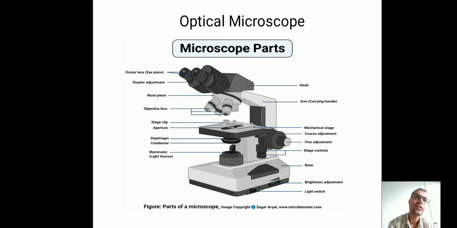Then once our sample gets prepared, what do we have to do? We have to take a sample and put it on this mechanical stage. See here, at the middle the mechanical stage is there. Once we put the sample on the mechanical stage, from the bottom side the illuminator or light supply is there. So from the bottom side light strikes our sample, and its image gets captured on this objective lens.